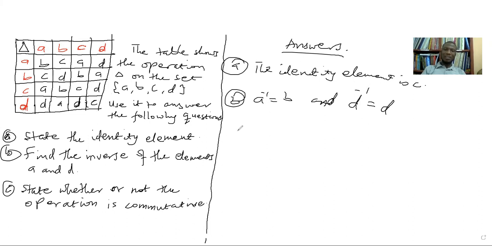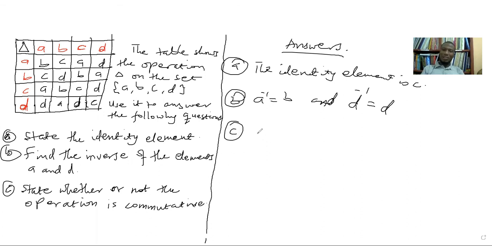Then we find our C, which is: state whether or not the operation is commutative. Commutative property tells us that whether we change the position of two numbers or not, we should get the same answer.